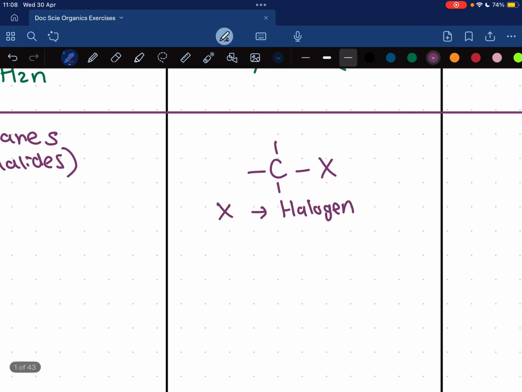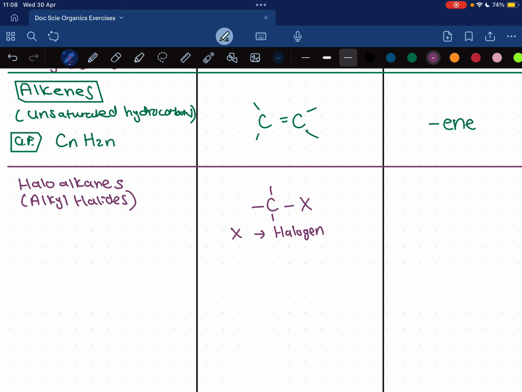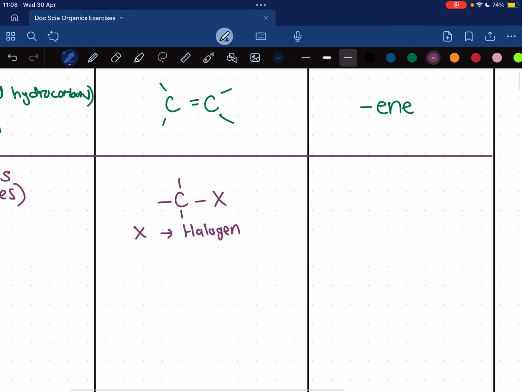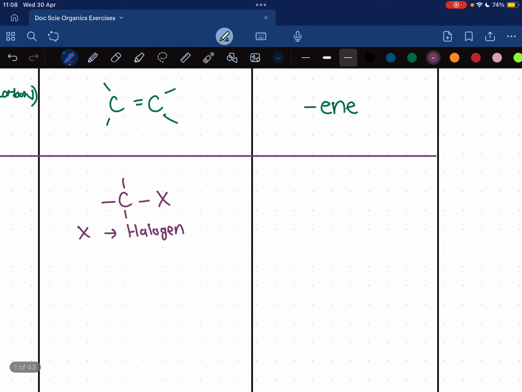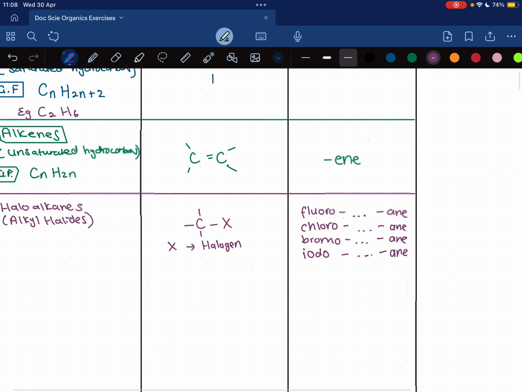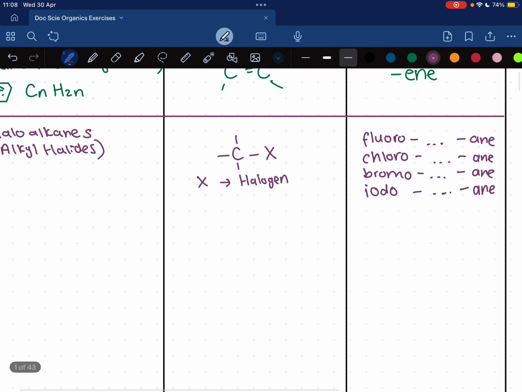That halogen can be chlorine, bromine, fluorine, or iodine. For the suffixes, we normally name it fluoro, and then it will end in ane. You can have chloro, bromo, and iodo. And it all ends in ane because they are alkanes, technically, with one of the hydrogens replaced with a halogen.